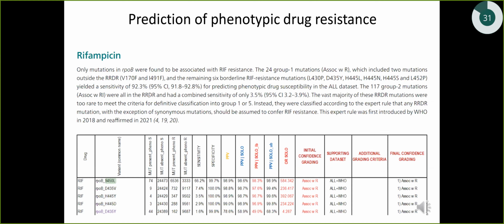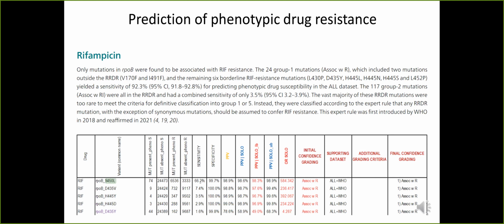And if you do so, you will see a catalog like this one. For each drug, here rifampicin, you will have all possible mutations that have been found or assessed. And then you can find how many strains that carry this mutation are actually phenotypically susceptible, how many are phenotypically resistant.